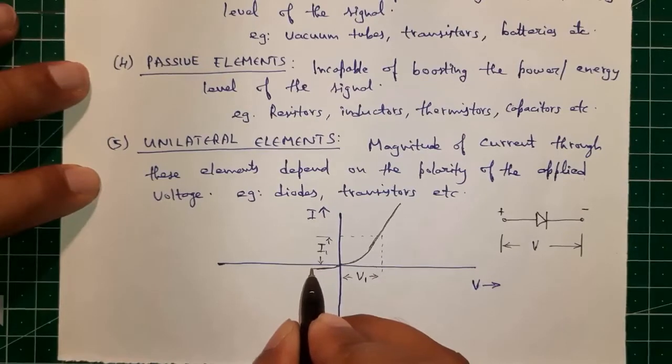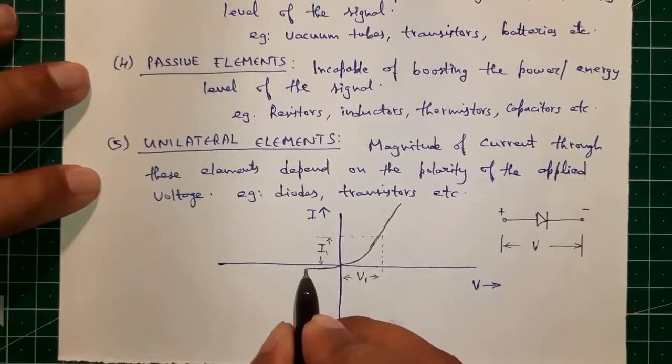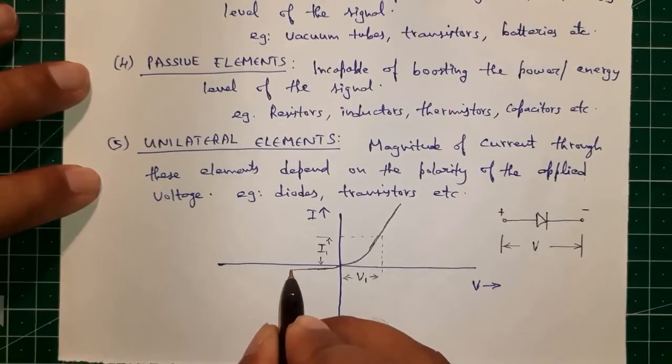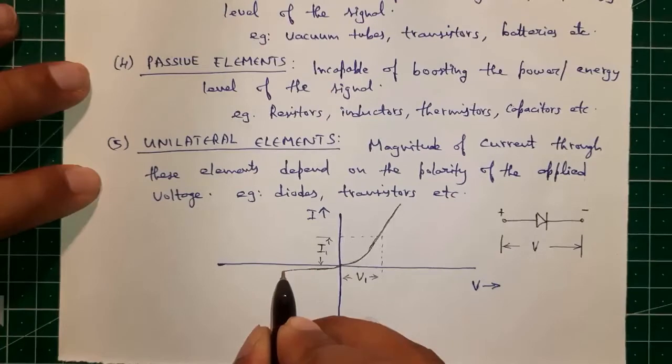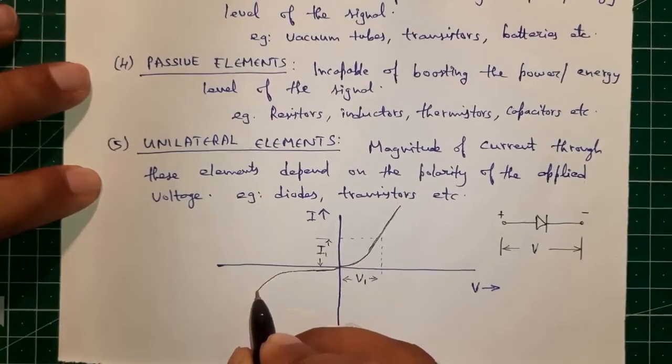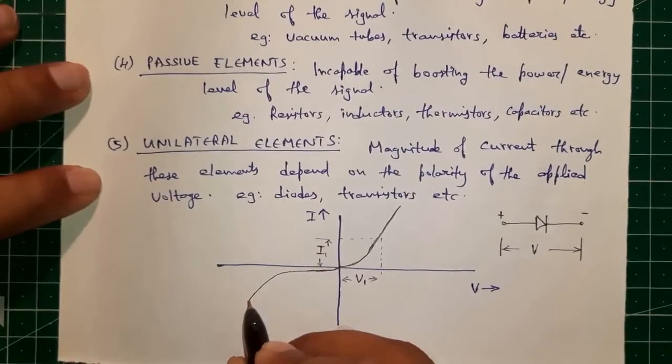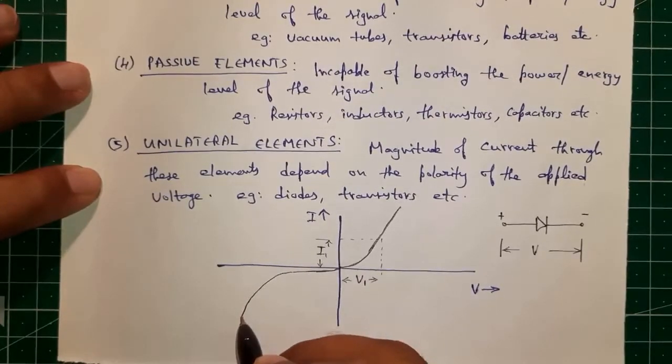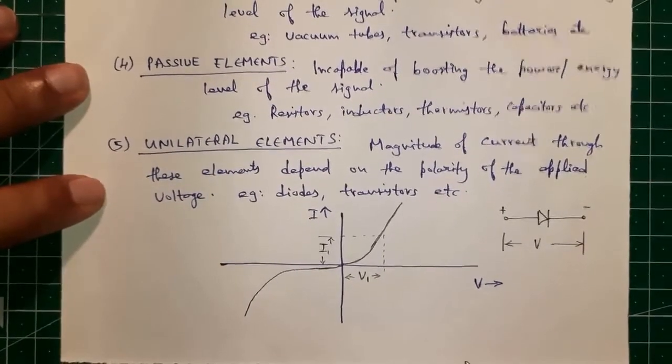So the diode is in non-conducting mode. The only current we can get is a minority carrier current. And when we go beyond the breakdown voltage, we can see the current is increasing, the breakdown region.